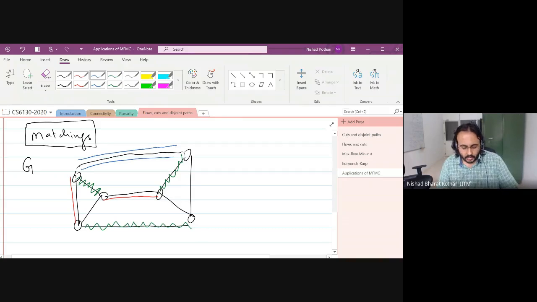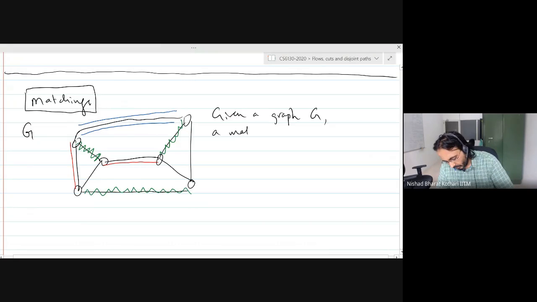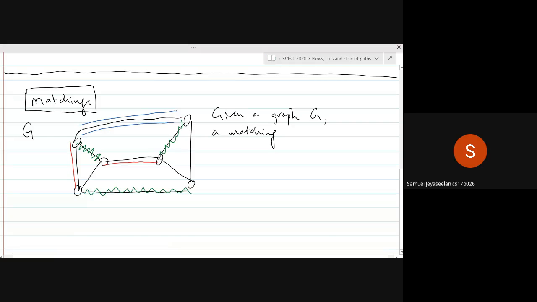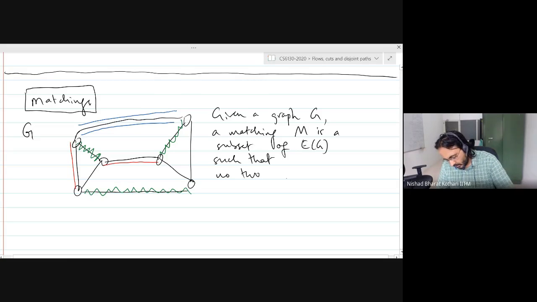So a matching is a collection of edges with a certain property. Can anybody tell me what the property is? No two edges share a common incident vertex. Exactly. A matching M is a subset of the edge set such that no two edges share a common vertex.